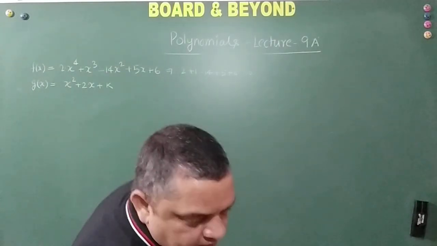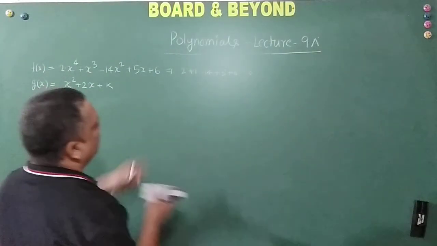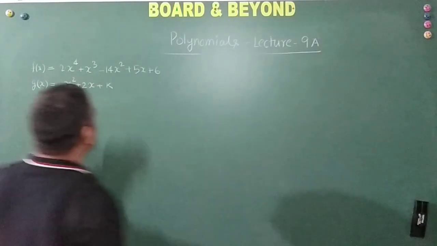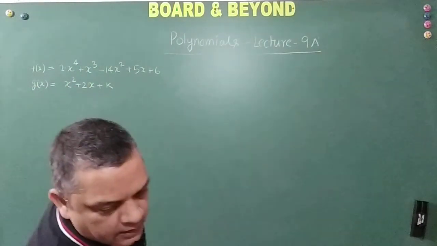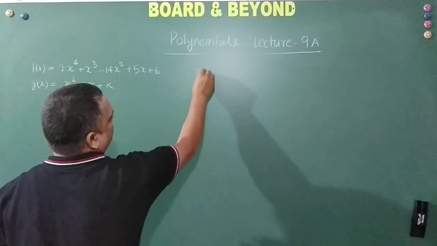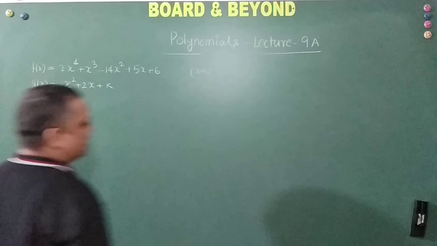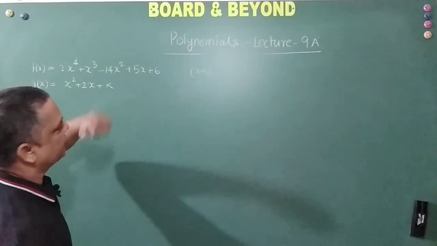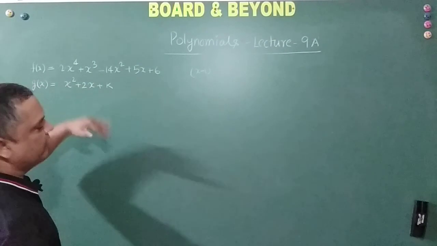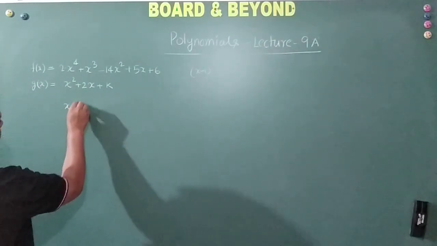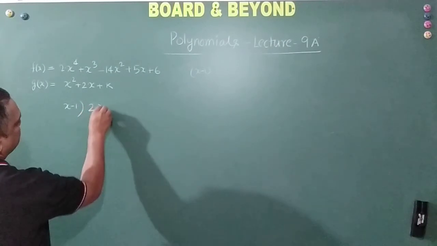Once it gives us 0, we know that 1 is a root of this biquadratic polynomial, which means x minus 1 is a factor. So let's divide this biquadratic polynomial by x minus 1 and reduce it to a cubic polynomial.